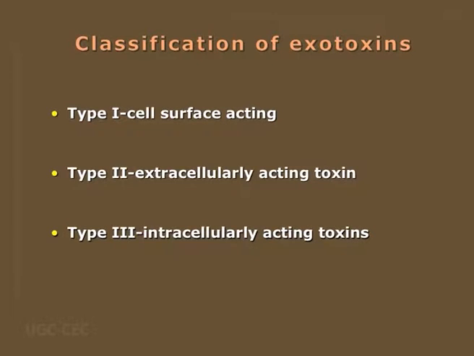The classification which we will study today is based on the site of action as well as the mode of action. Depending on that, we first divide it into type 1 or cell surface acting exotoxins, type 2 or extracellularly acting exotoxins, and type 3 or intracellular acting exotoxins.